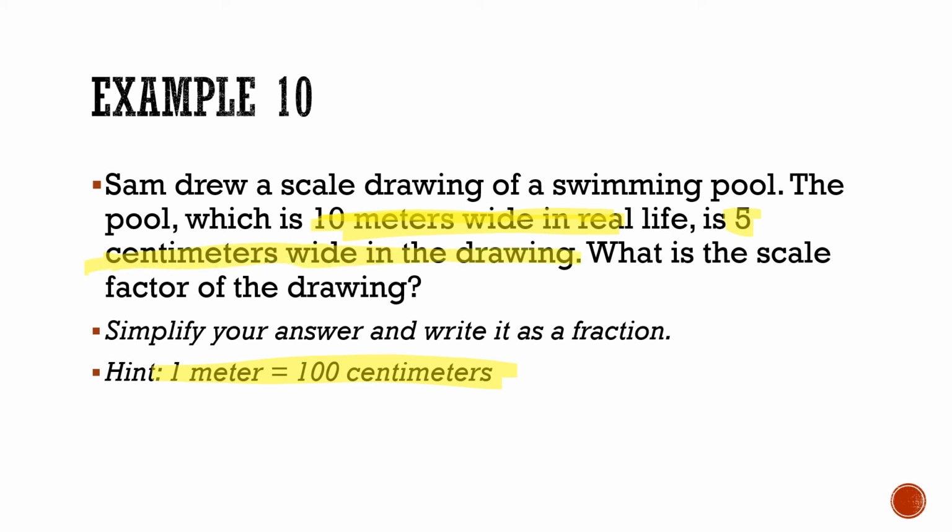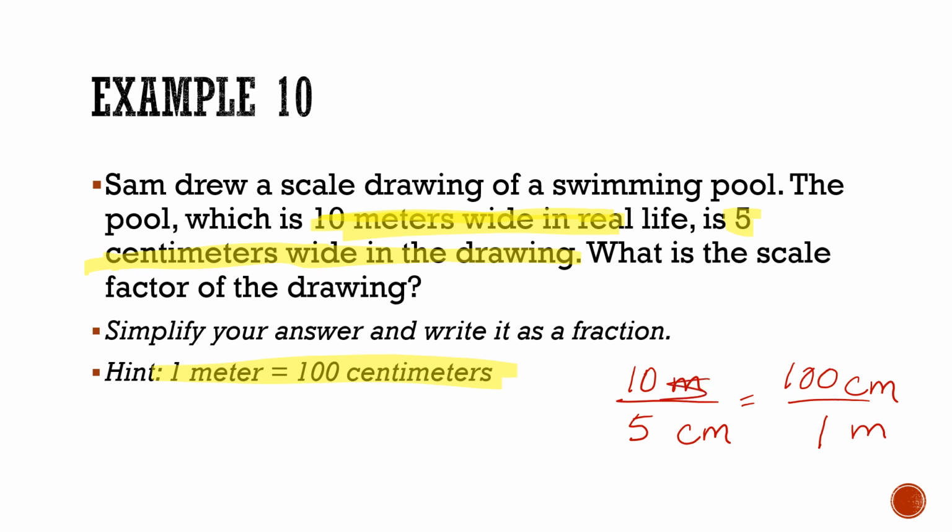It says Sam drew a scale drawing of a swimming pool. The pool, which is 10 meters wide in real life, so 10 meters, is 5 centimeters wide in the drawing. So we're going to flip those. 1 meter is 100 centimeters.